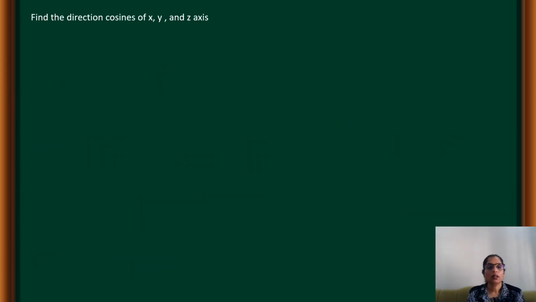They have asked us to find out the direction cosines of the x, y and z axes. How will you find them? It's very easy, guys. Let's take this as the y-axis, this is going to be the x-axis, and this is going to be the z-axis.